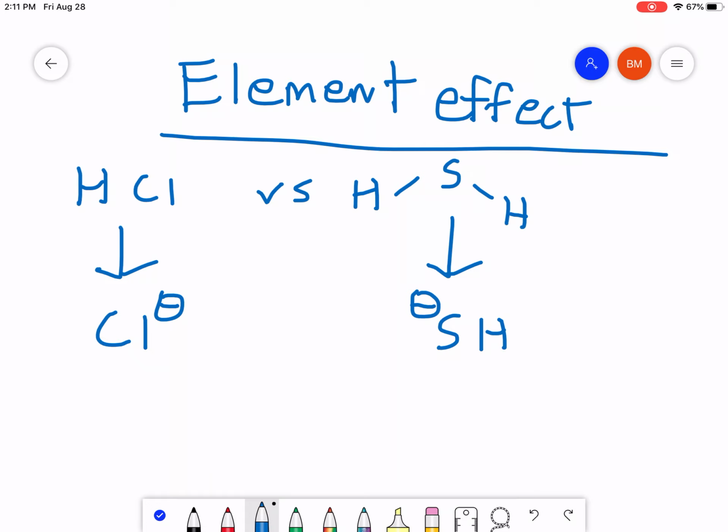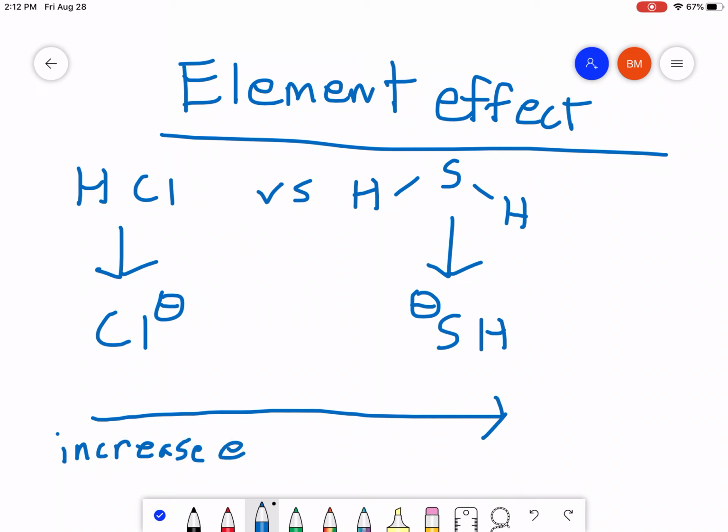Let's look at a periodic trend. If we go from left to right on the periodic table across a row, you see that we increase in electronegativity. We get more and more electronegative as we go across.